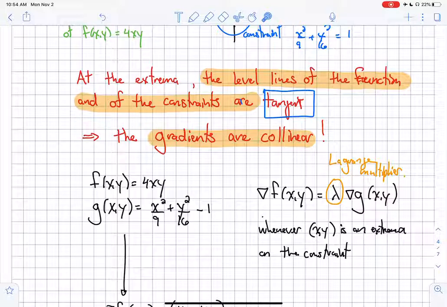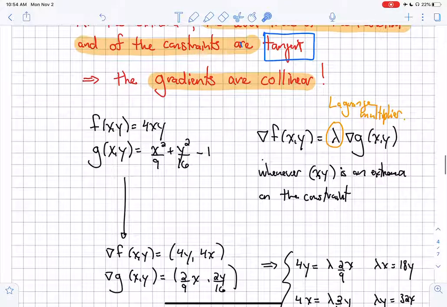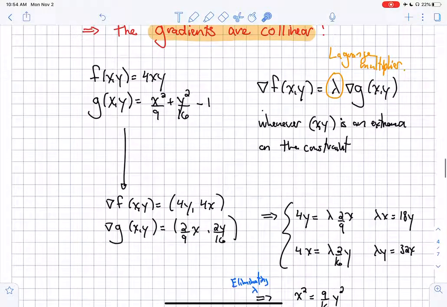When I optimize a function under a constraint, the gradient of the function is in the same direction as the gradient of the constraint. With that simple idea, we can solve the problem. Now let's go back to the problem. I'll go fast on the calculations because they're simple. The gradient of f is (4y, 4x). The gradient of the constraint is (2x over 9, 2y over 16).